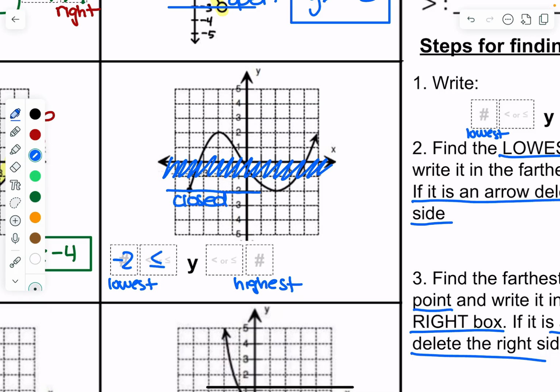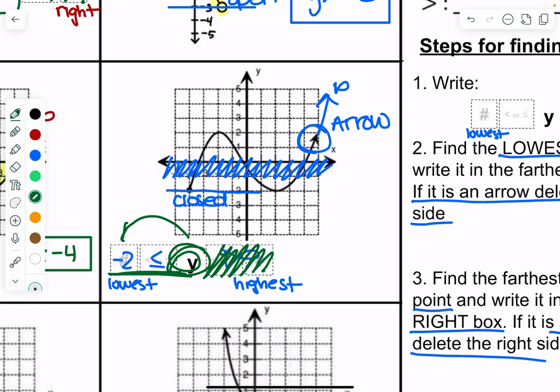Closed, so it gets the symbol with the line. Now, my highest is an arrow. It keeps going, arrow. And since it's going up, I know it's going to positive infinity, so I'll put positive infinity here. And I also know I can delete this side. But again, this one is not written correctly because I need the y in front. So I'm going to change it to y. We're going to eat the y. So y greater than or equal to -2. And this would be my final answer.